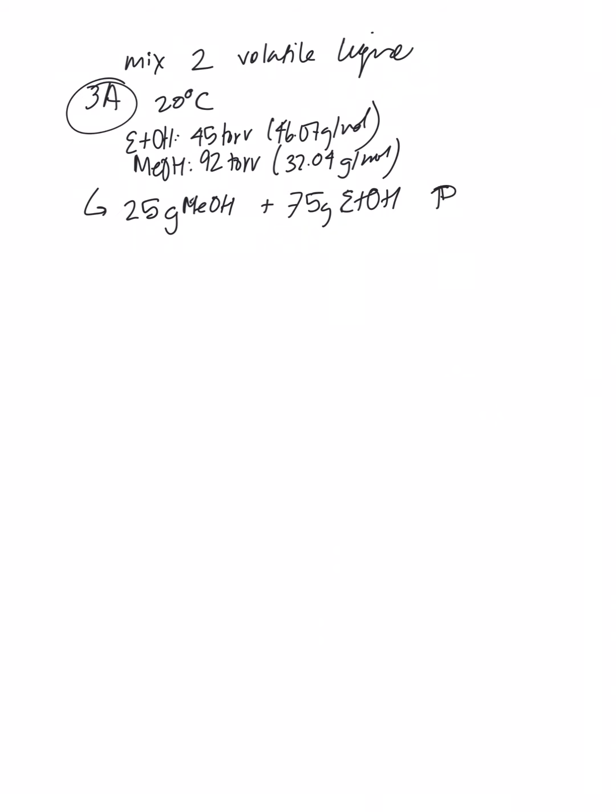What is our P total? This is where we have one of our applications of Raoult's law, and actually an application of Dalton's law of partial pressure, where our total vapor pressure is equal to the vapor pressure of ethanol plus the vapor pressure of methanol.